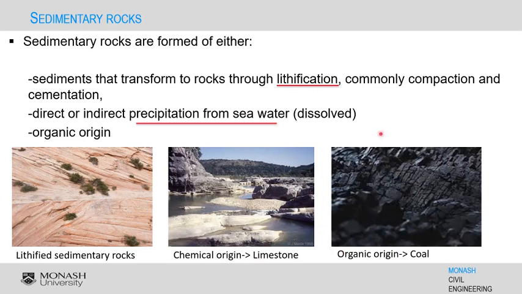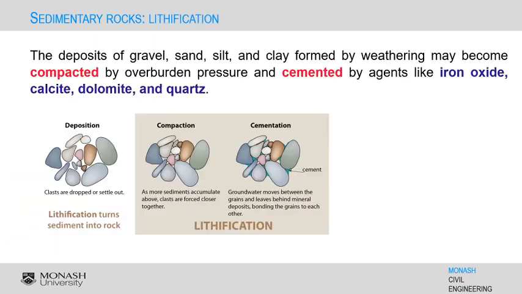The deposits of gravel, sand, silt and clay formed by weathering may become compacted by overburden pressure and cemented by agents like iron oxide, calcite, dolomite, and quartz. Cementing agents are generally carried in solution by groundwater. They fill the spaces between the particles and form sedimentary rocks.